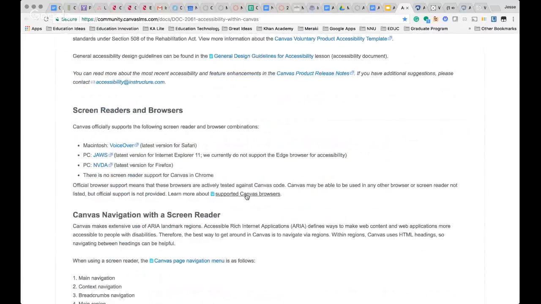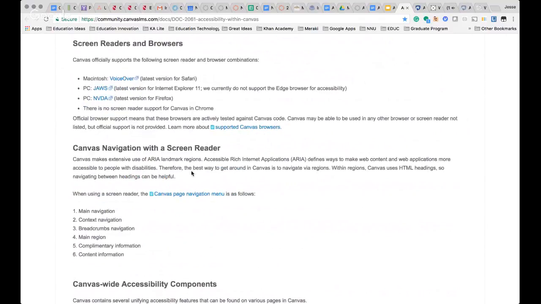So again, you can see here that it supports screen readers. They work with JAWS, which is one that I know a lot of people have. They have VoiceOver, which is what Safari uses on Mac. And then they've got this other one, which I haven't used, but I know it's compatible with Firefox. It's loading. You're good. Again, they've got navigation, right?